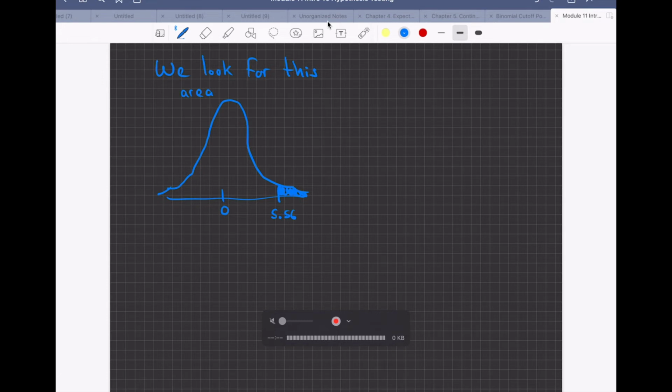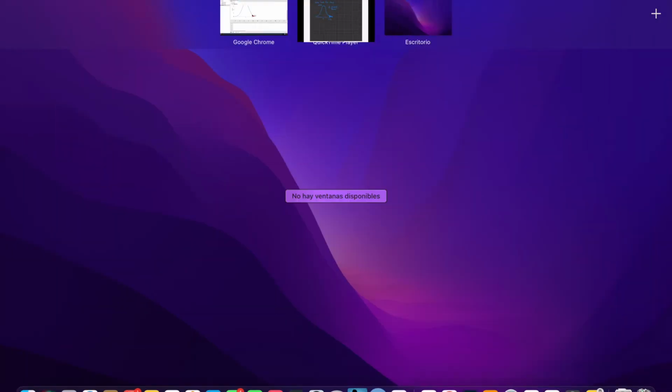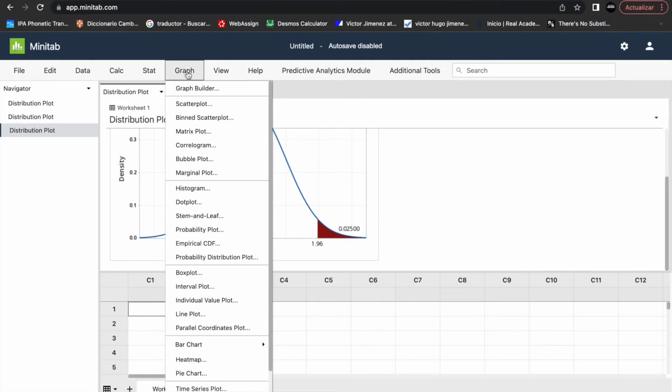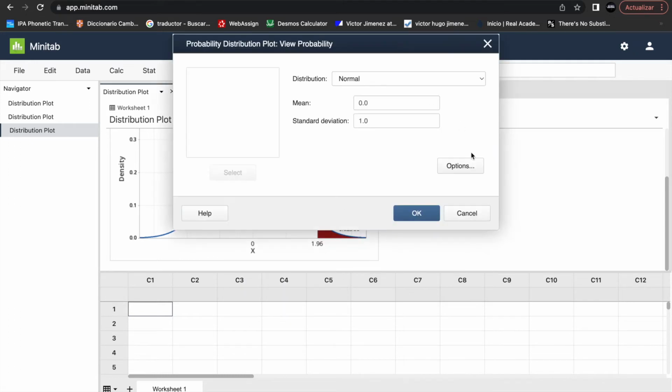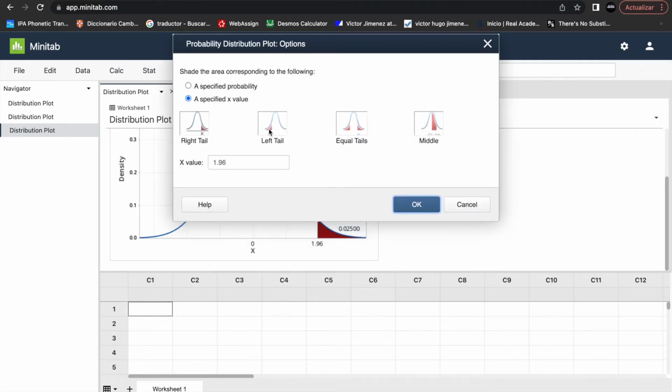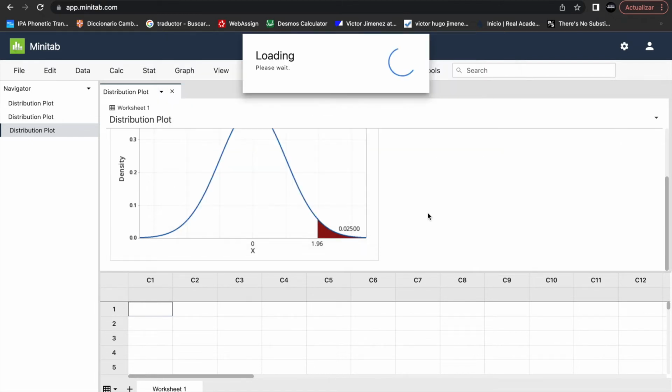Remember that C is the standard normal distribution. How do we look for this area? Go to graph, probability distribution plot, view probability, okay, options. It is a right tail, right? So choose the right tail. Type the value 5.56. Then okay, okay.